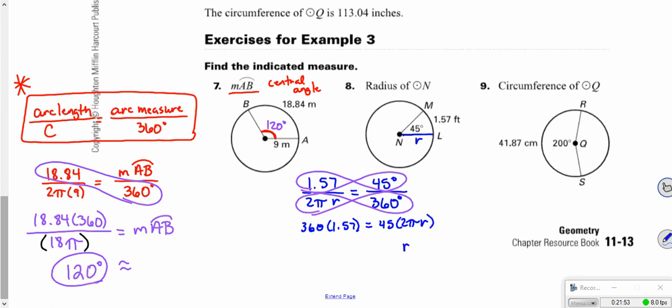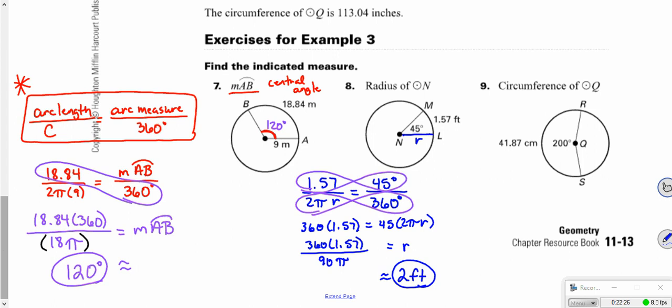So r is going to equal 360 times 1.57 over 90 pi. 45 times 2 is 90. So that gives us an r of approximately 2 feet. Poke that in the calculator. I should have probably put that 2 on the other side, but that's all right.